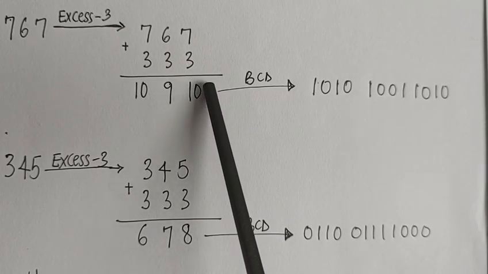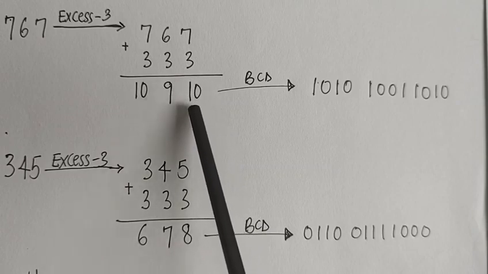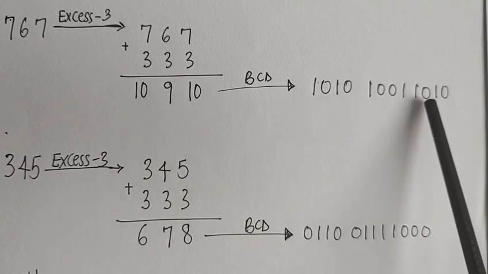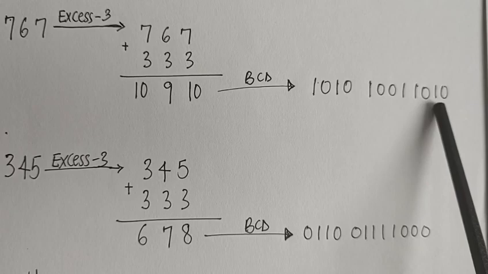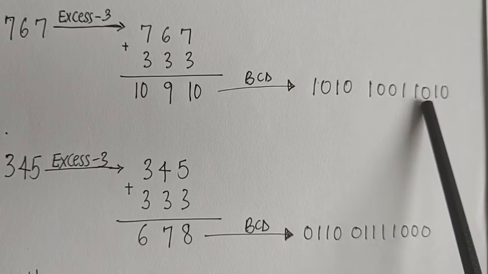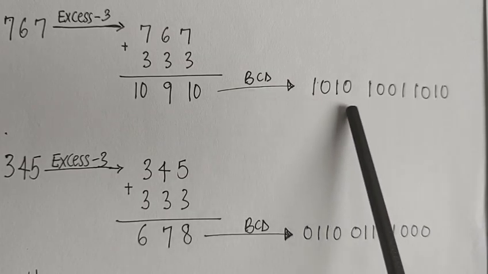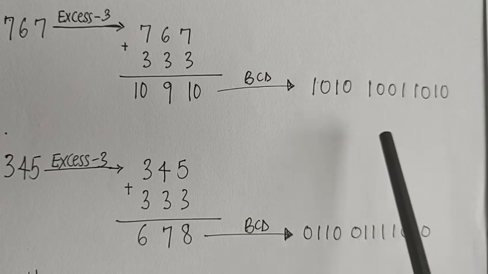And then 10 again is 1010, meaning 8 plus 2, which gives us 10. This is how you represent your values in BCD.